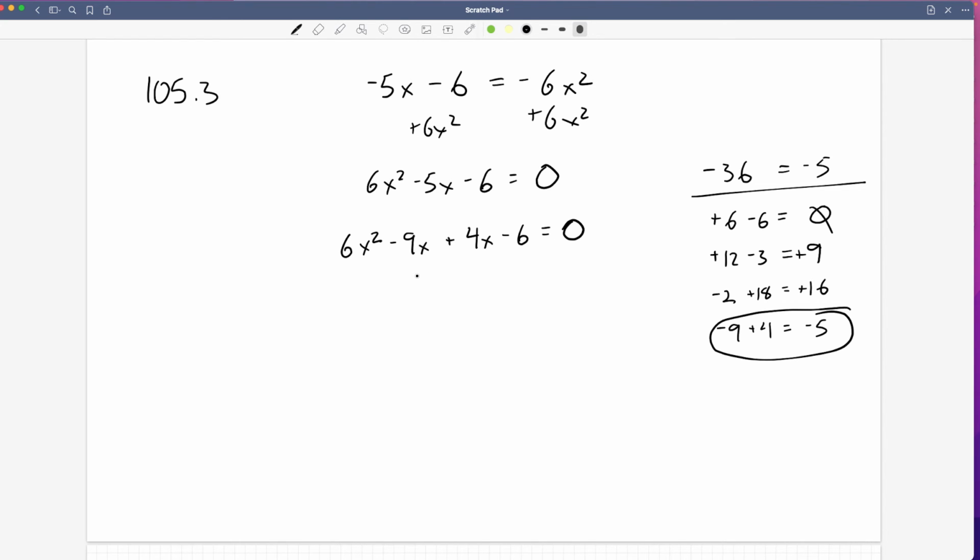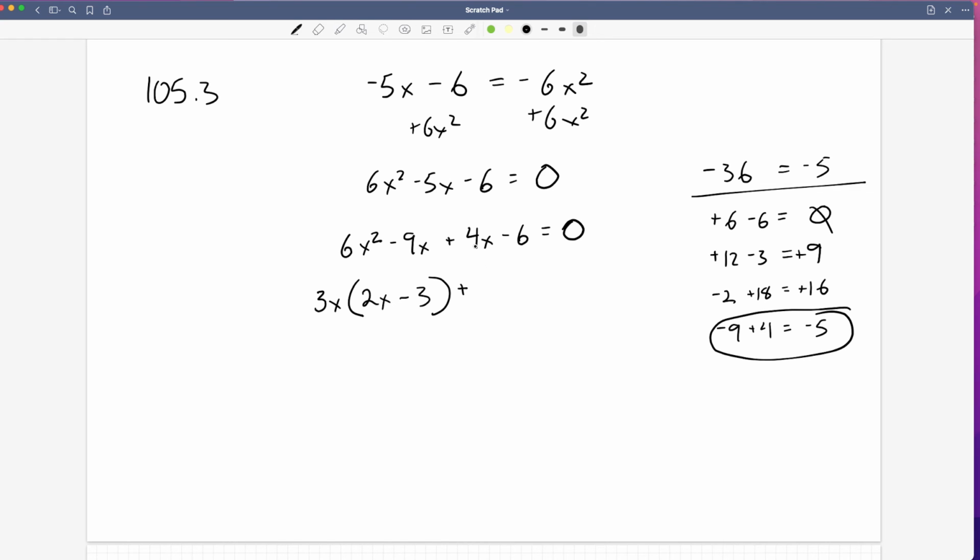All right. So yeah, let me look at these. What else can I get, 3x out of this. So 3x, 6x squared divided by 3x is going to be 2x, right? And then 9x divided by 3x is going to be a negative 3. Plus, and we have 4x minus 6, so it's already positive, so I don't have to do anything to that.